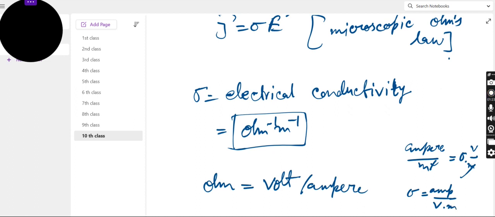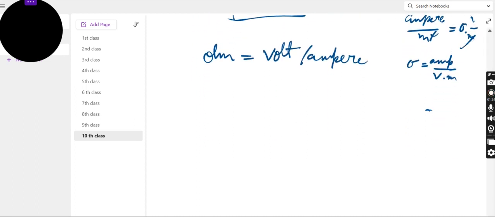So ampere by volt is 1 by ohm, into meter. If you remember this equation and some basic units, you can get to some other unit. That's the catch of this unit and dimension.